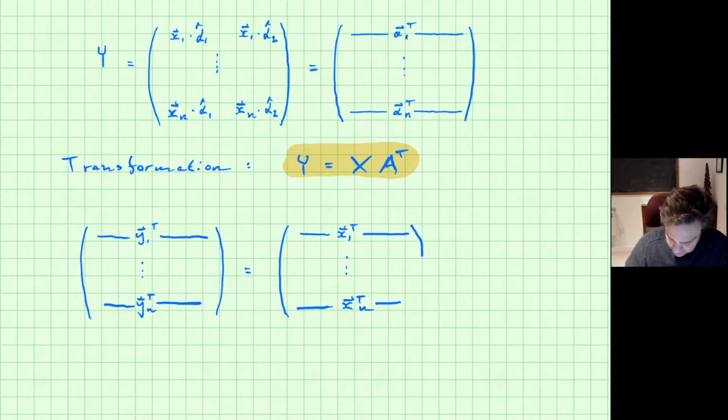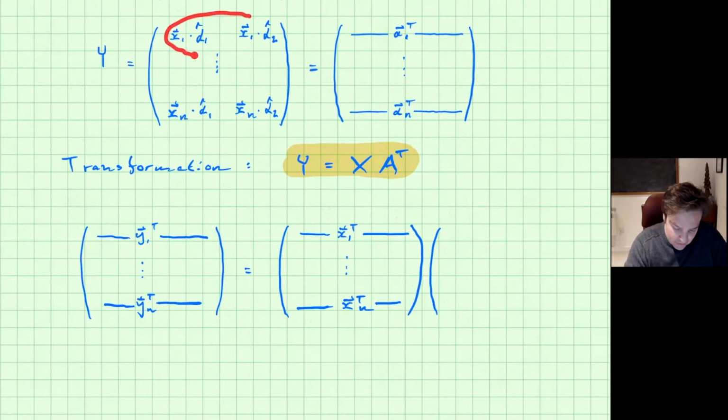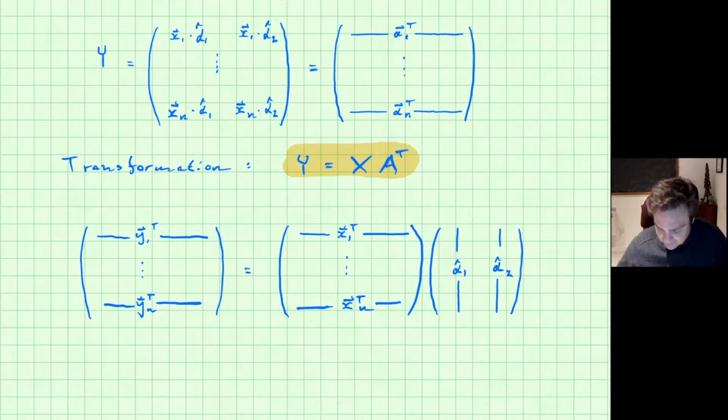All right, so that's matrix X. Now I want to put a matrix here that when I do the matrix multiplication, I'm going to get these guys. So you should think about what should go in that matrix. And here it is. It's alpha 1 hat as a column, and alpha 2 hat as a column. And that's it. It's a two-dimensional, bivariate case.